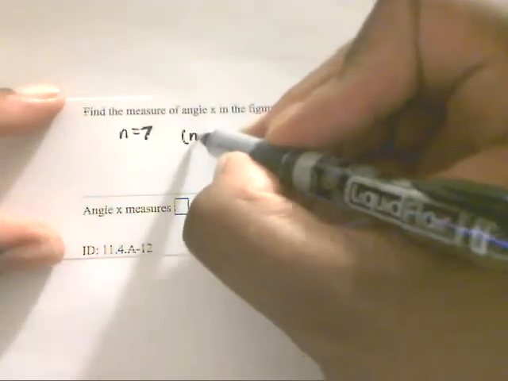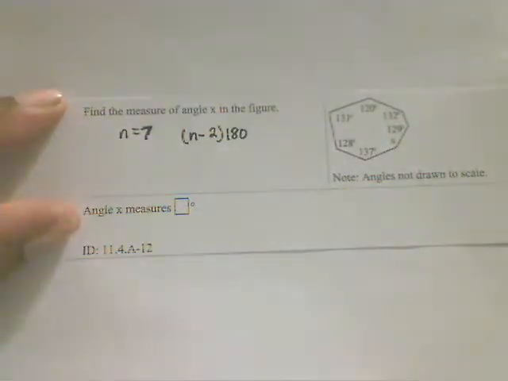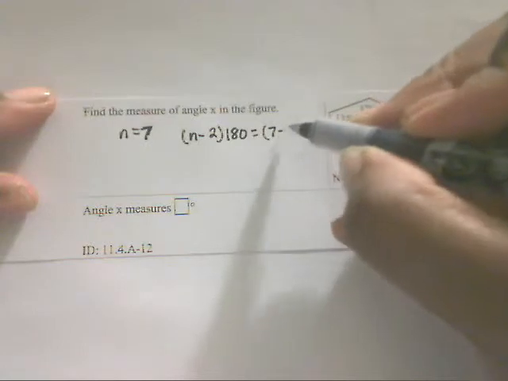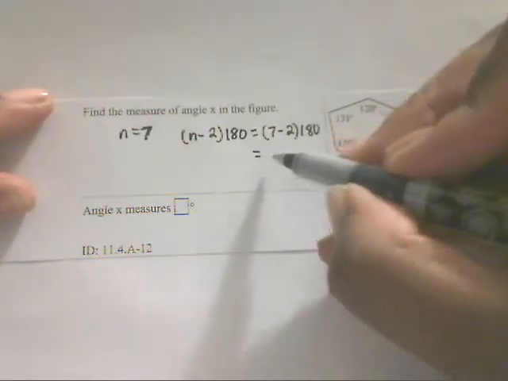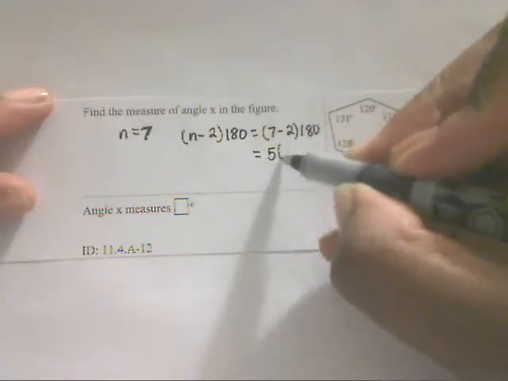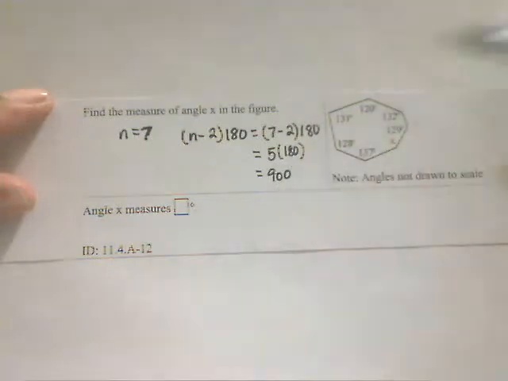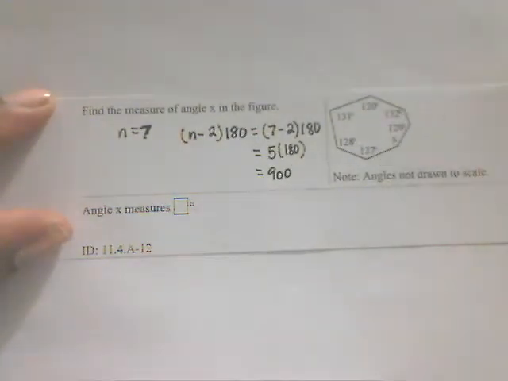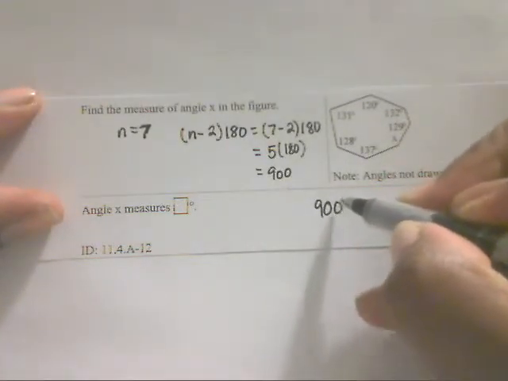So I'm going to use this formula, n minus 2 times 180. And n is 7, so it's 7 minus 2 times 180. 7 minus 2 is 5 times 180, which will be 900. So the sum of all these angles in this particular heptagon is 900 degrees.